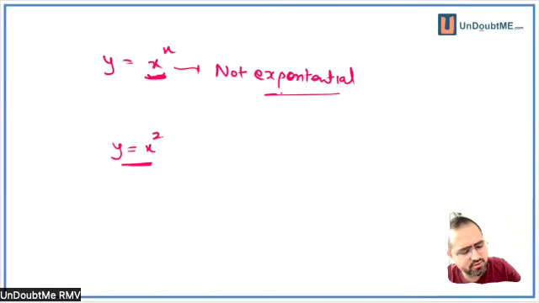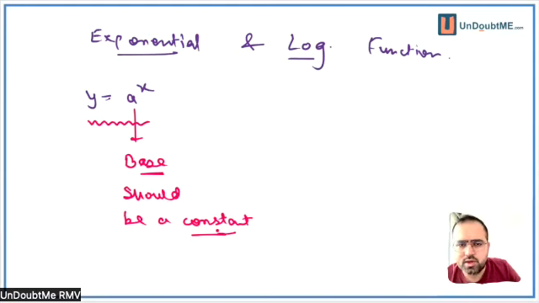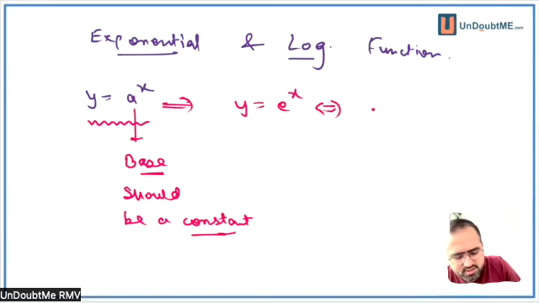Okay, in an exponential function, the base should be a constant. Okay, constant can be any number. Normally, when this base is equivalent to e, this takes us to ln x.